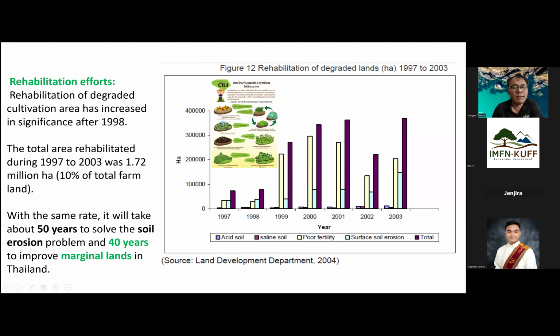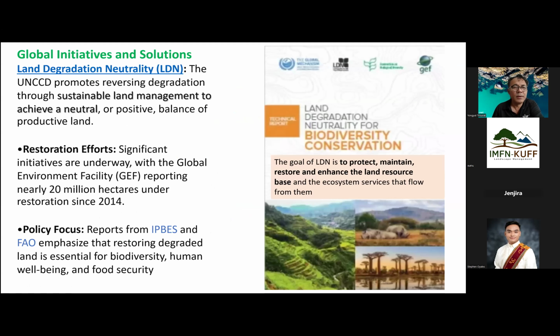As Thailand became a member of the UNCCD, recently the UNCCD proposed a new approach or initiative for the resolution of land degradation. They call it land degradation neutrality.